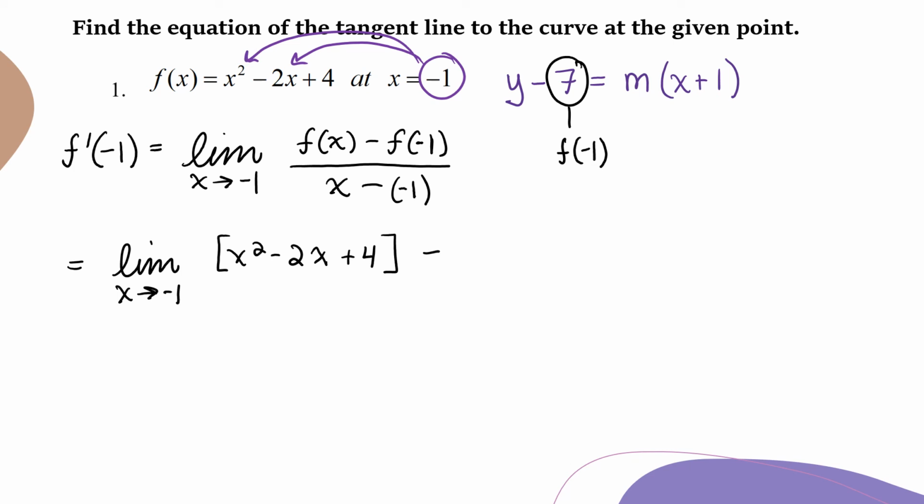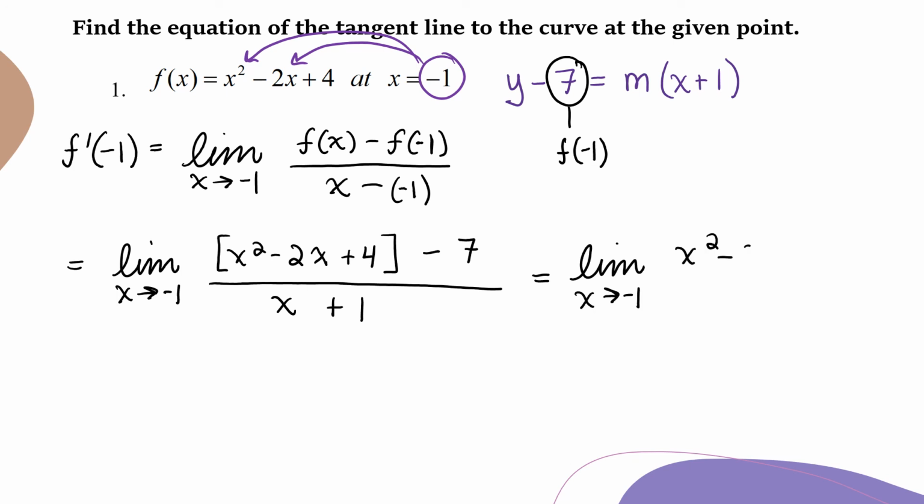So we have minus f of -1, so minus 7, all over x minus -1, which is x plus 1. And then we'll need to simplify a little bit. So this will be equal to the limit as x approaches -1 of x squared minus 2x plus 4 minus 7, so that'll be minus 3 over x plus 1.